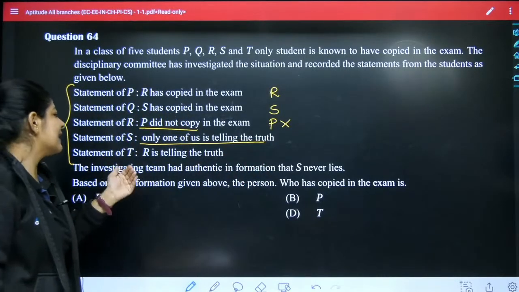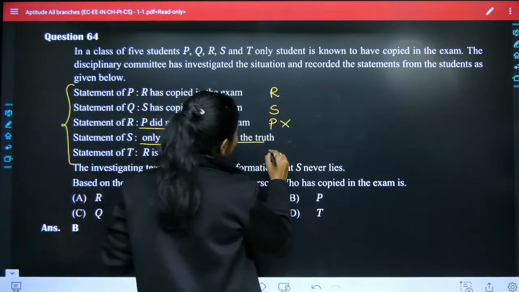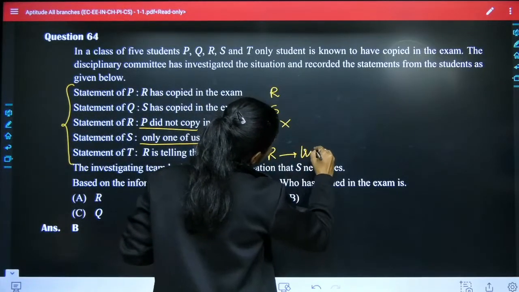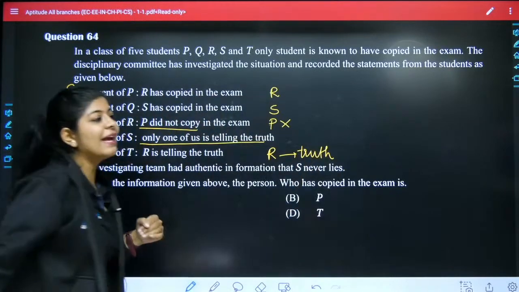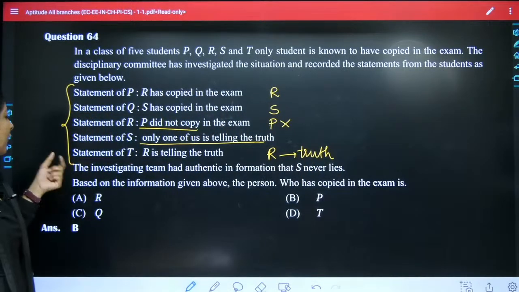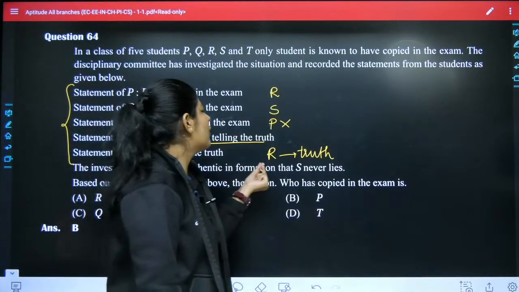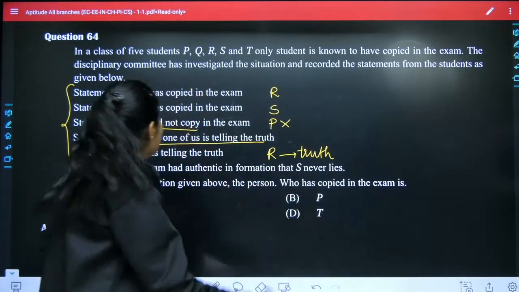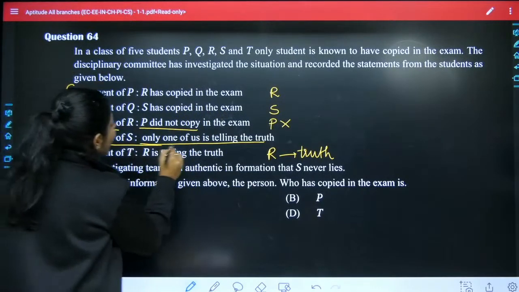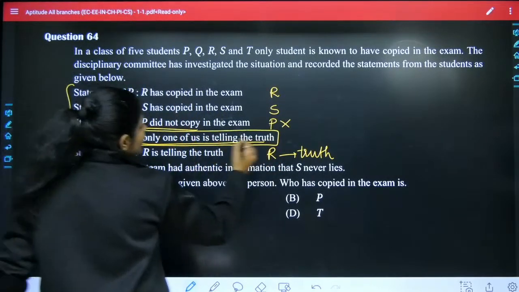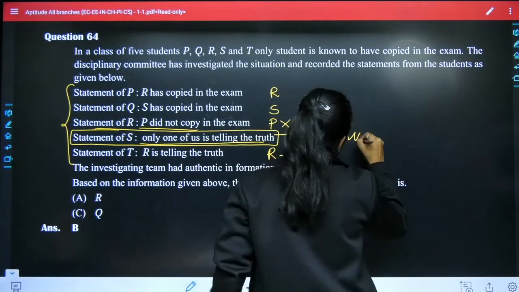Statement of T says R is telling the truth. Now what do we have to do? We need to find out: the investigating team has authenticated the information that S never lies. That means the statement of S is true.